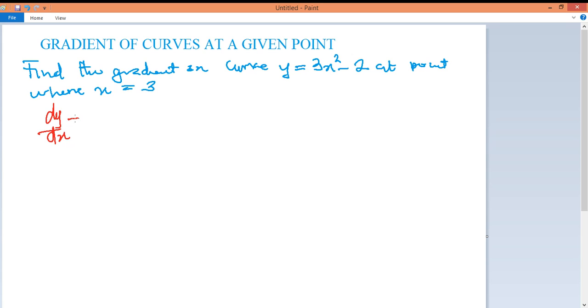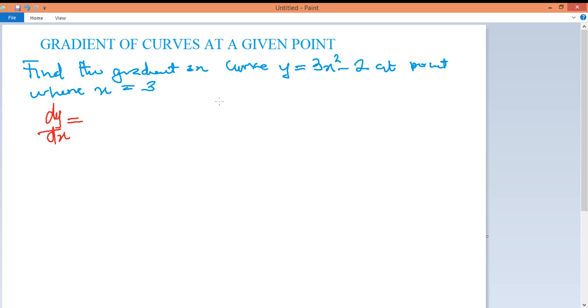Those who might be watching the video for the first time, to find dy dx, we are going to differentiate this equation term by term in respect to x. So we are going to multiply the power of the x with its coefficient and reduce the power by 1. Anywhere we have a constant number like this, drops off.